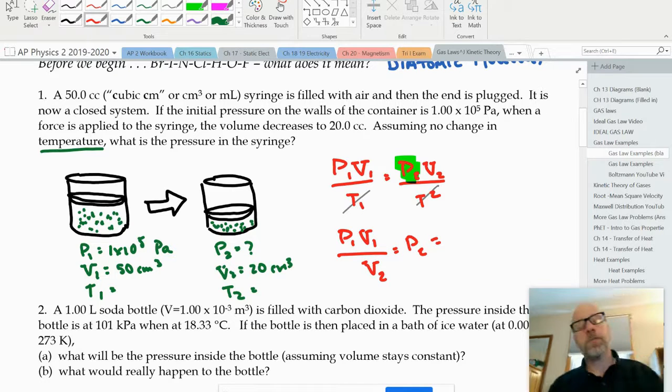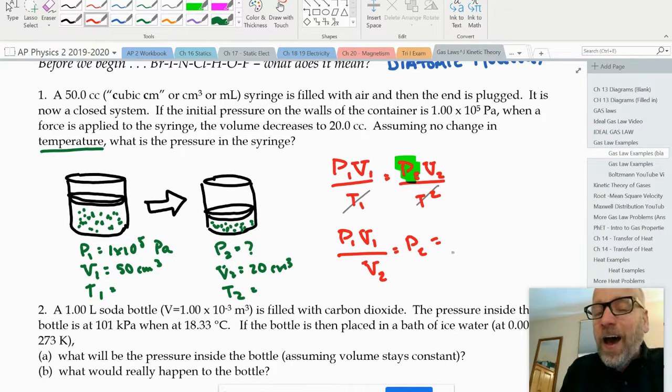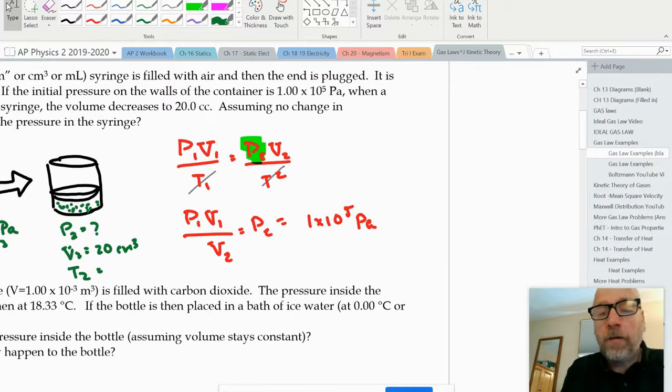Now, you guys know when it comes to units, I get a little paranoid. Here's the thing. Let's just plug the units in this time as we punch it in. So 1 times 10 to the 5th pascals. Now, volume 1 is going to be 50 centimeters cubed, and volume 2 is going to be 20 centimeters cubed.